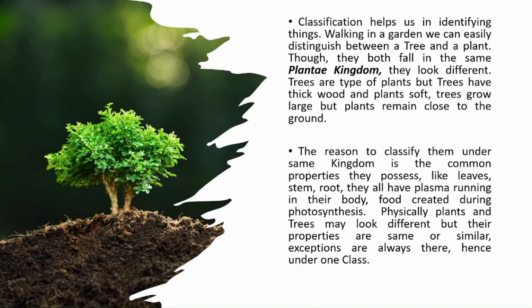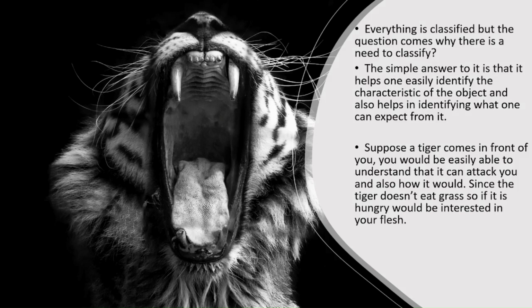Okay, so objects having the same properties would be in the same class. Okay, so we know that everything is classified, and why there is a need to classify we have understood also. And to make it simpler, we can say that objects help in identifying what one can expect from them.